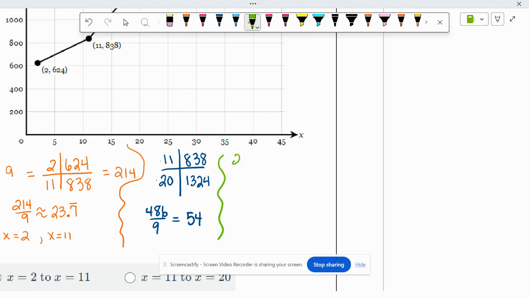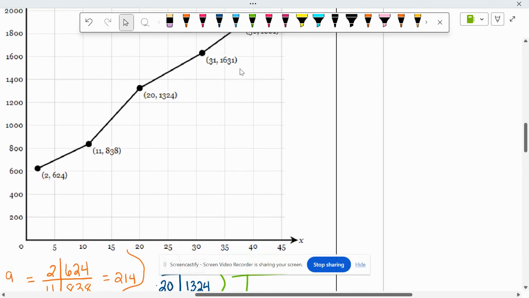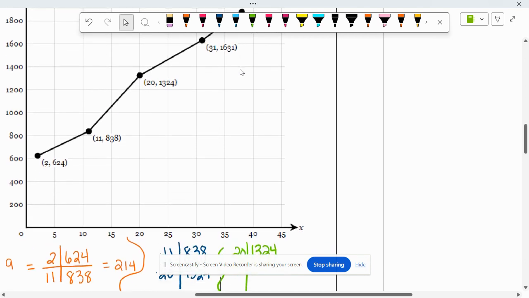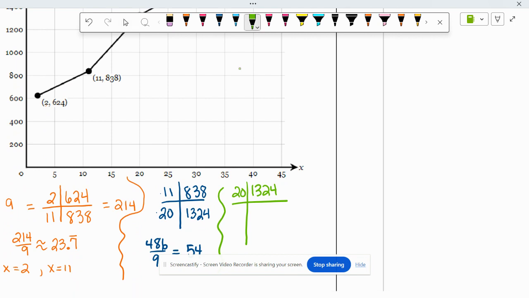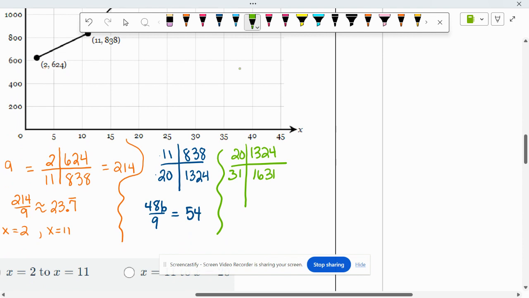Now we have to go from when x is 20 and my output is 1324 to when x is 31 and I have an output of 1631. So someone takes 1631 minus 1324. 307.